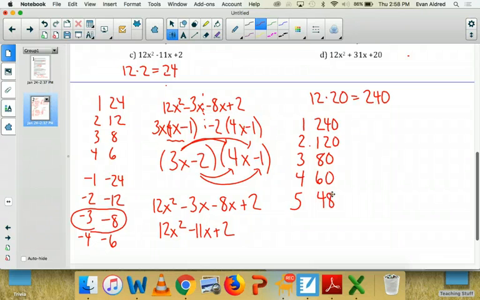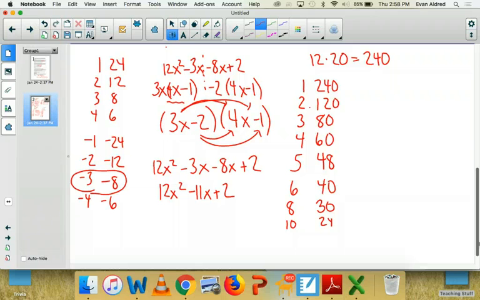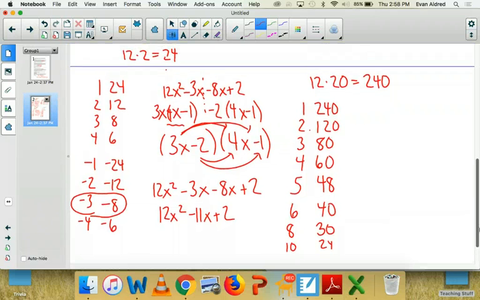And now 6 and 40. We're getting closer and closer. And then we end up with 10 and 24. We ran out of space just a little bit, so I'll have to scroll.